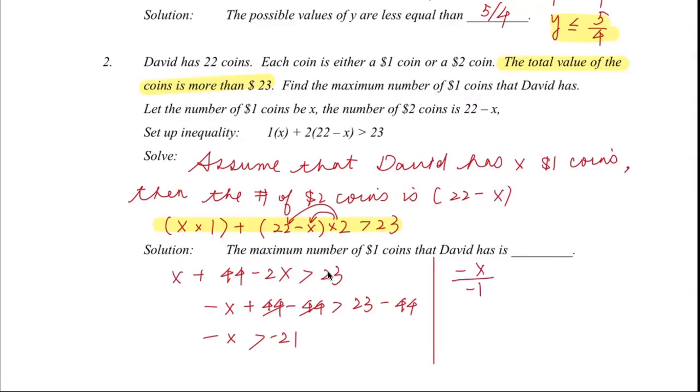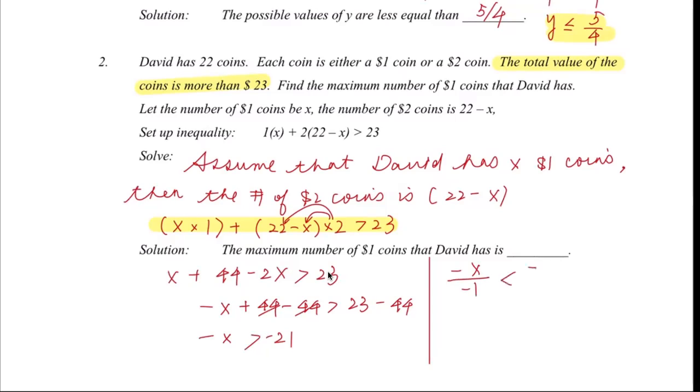Here, we need to flip the sign because we're dividing a negative number to both sides of the inequality. Minus 21 over minus 1. So this becomes x is smaller than 21.